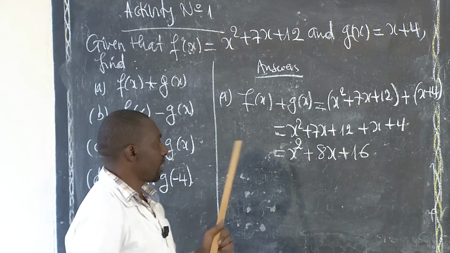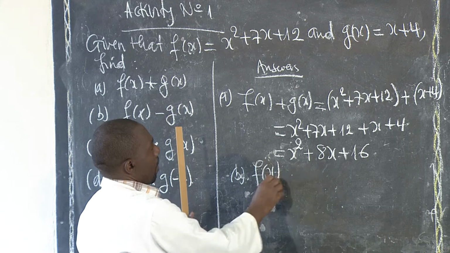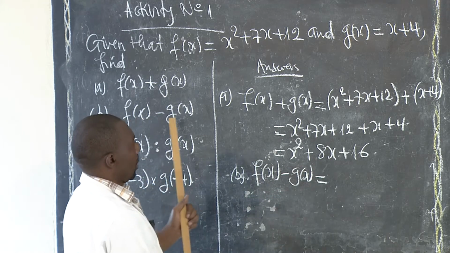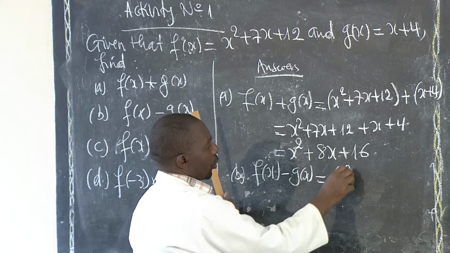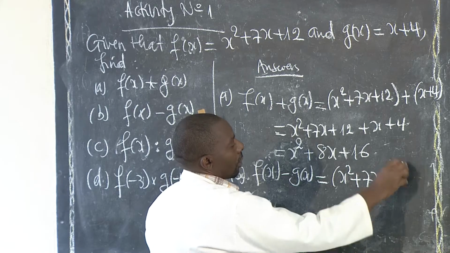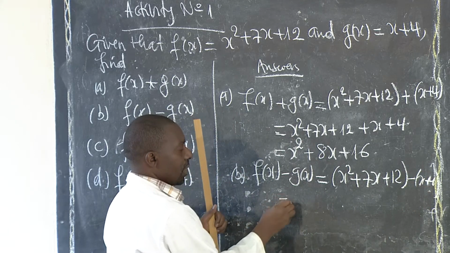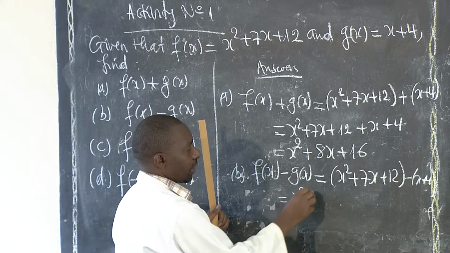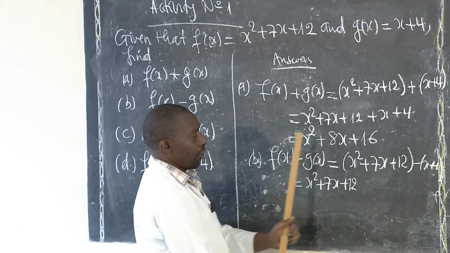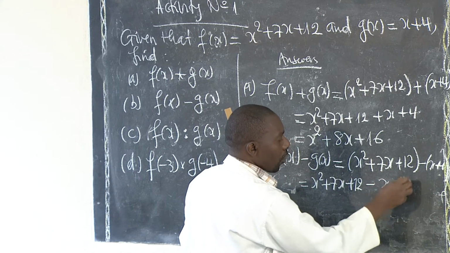Nice. Now, B, f of x minus g of x, the difference. We will have x squared plus 7x plus 12 minus x plus 4. Removing this bracket, we have x squared plus 7x plus 12, then minus x minus 4.